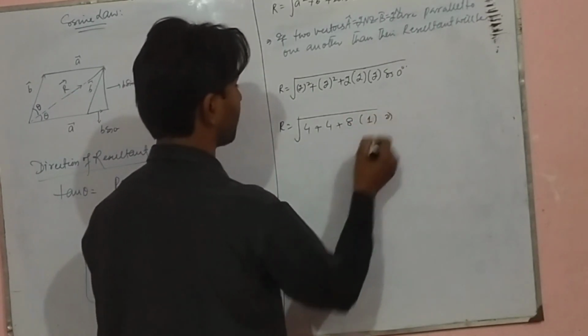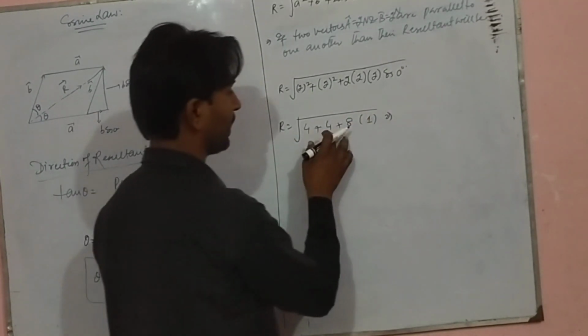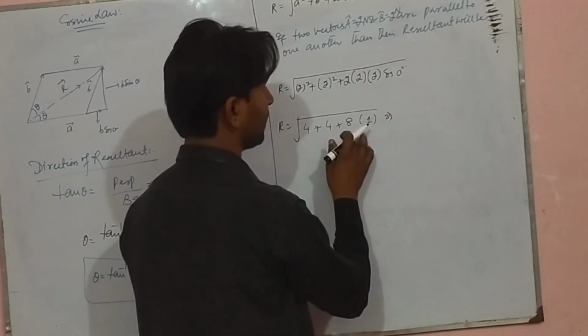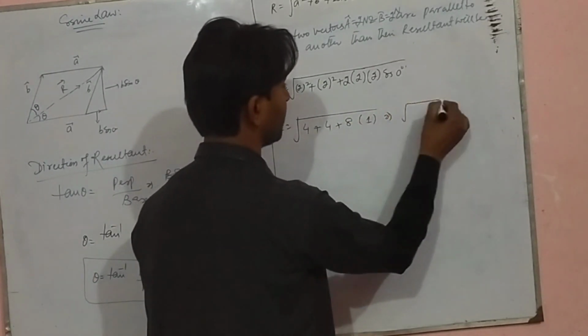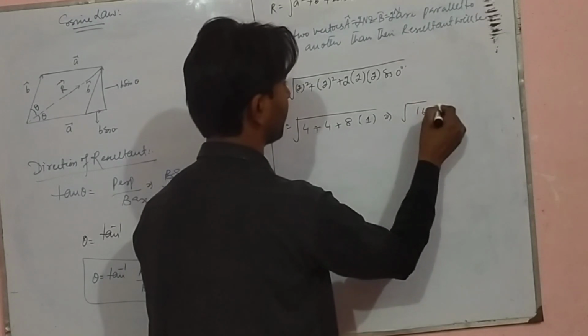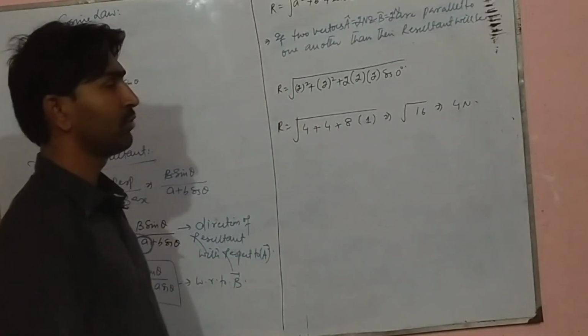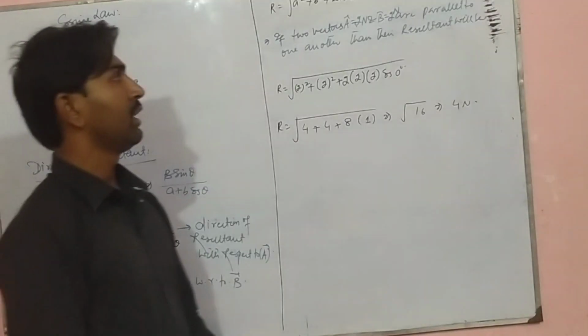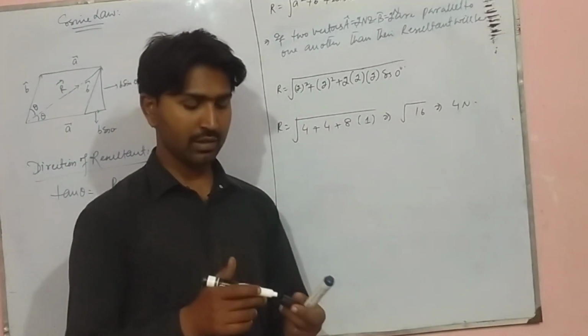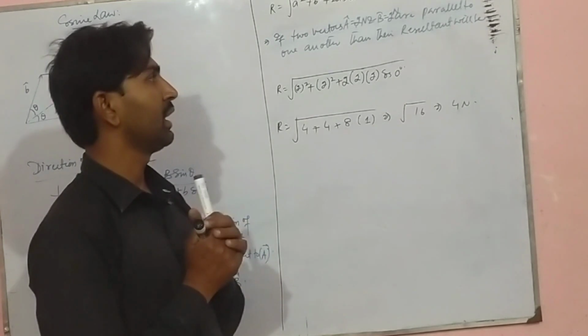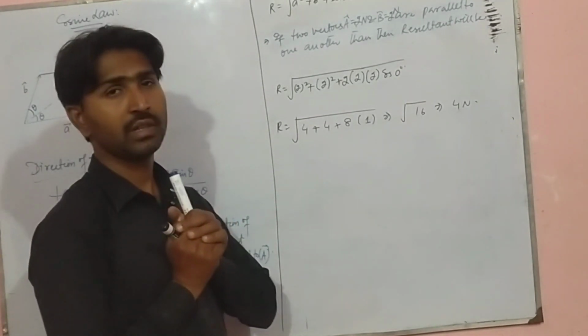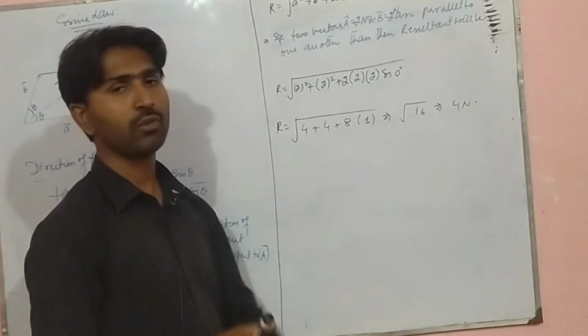So this is 4 plus 4 plus 8, which is 16, and the square root of 16 is 4 Newton. So if two vectors of 2 Newton each are parallel to one another, their resultant will be 4 Newton.